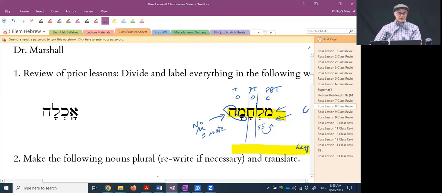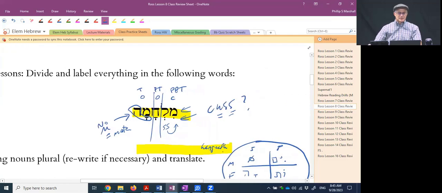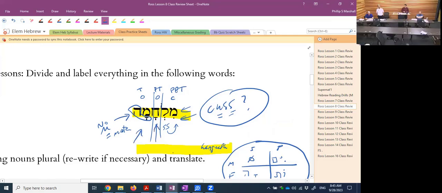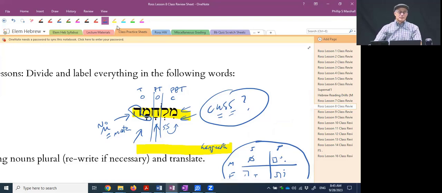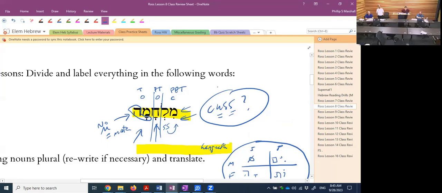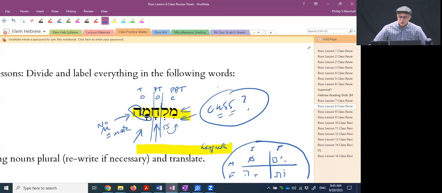What do I always ask to know whether the kamets symbol is kamets or kamets ketuf? Is it a cuss syllable, right? Are any of these in a cuss syllable? No, because they are both open, not closed. Cuss means closed. Say it with me. Closed, unaccented syllables require a short vowel.